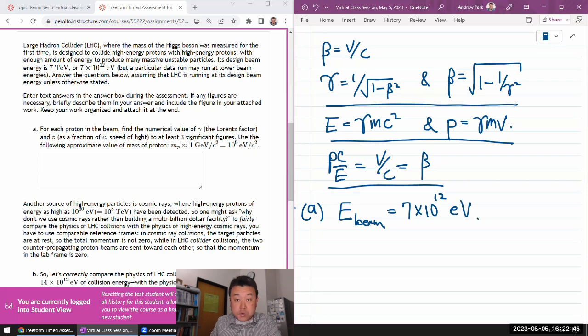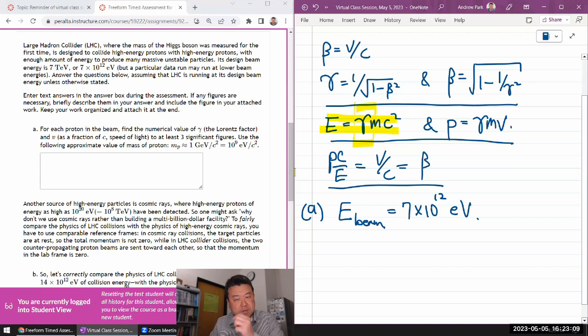Looking at this expression for energy, this is what I notice. It's got gamma in it, and everything else is constant. m is constant, the rest mass of the proton, of which I'm given 10 to the 9 eV per c squared. See, that's constant.